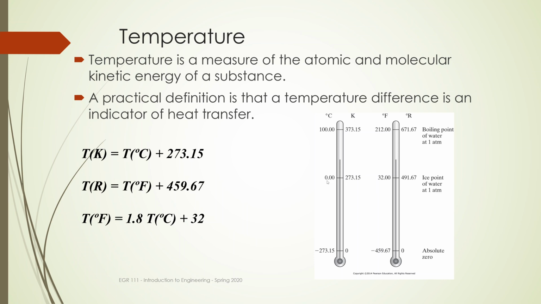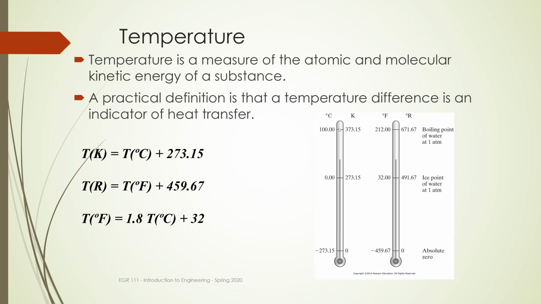We can see that in Celsius and the equivalent Fahrenheit temperature. So Celsius 0, which is the freezing point of water at 1 atmosphere, basically at sea level, is 0 for centigrade and 32 degrees for Fahrenheit.